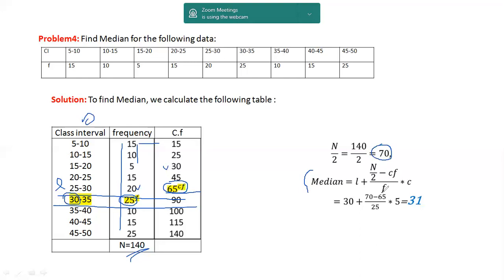We are just substituting all the values, where L is the lower limit of the class interval, N by 2 is 70, and the preceding cumulative frequency is 65, divided by the frequency of this class interval, which is 25, into c, where c is the class interval width, which is 5. After simplification, we are getting 31. So the median of the given grouped data is 31.